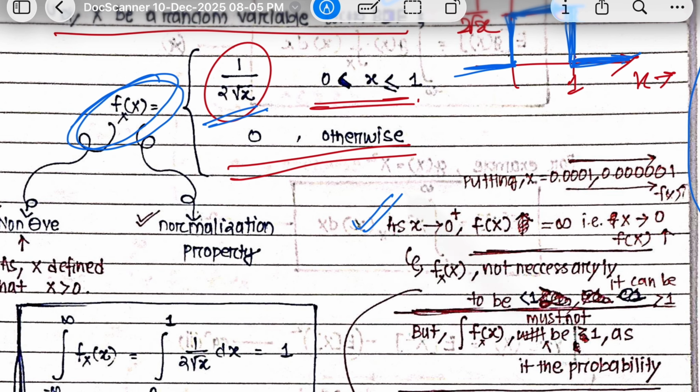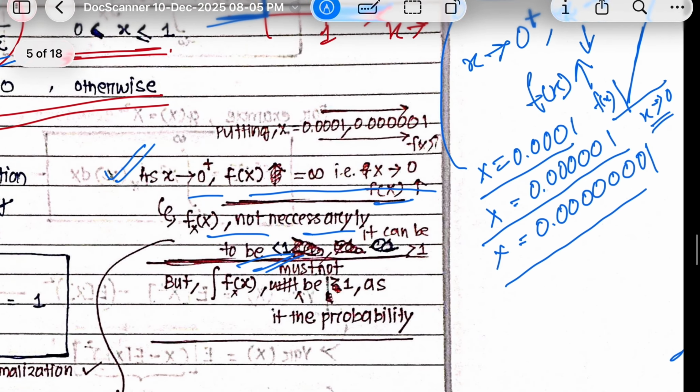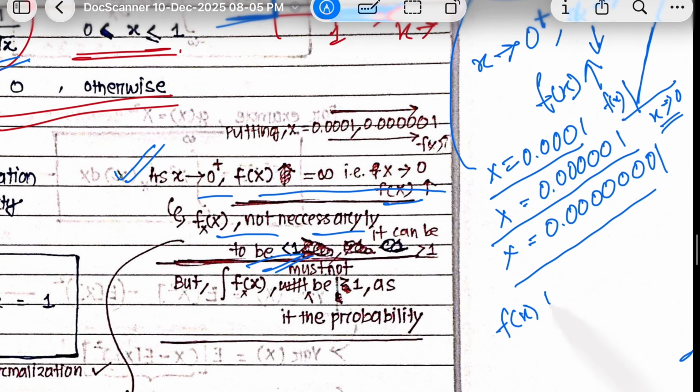So this is the thing. If x is increasing, f of x is not necessarily less than 1. This you must remember. f of x not necessarily must be less than 1.